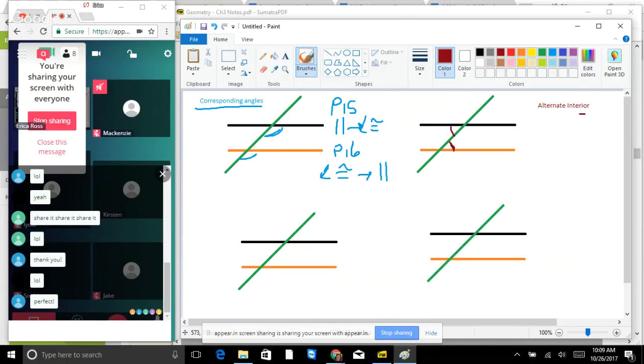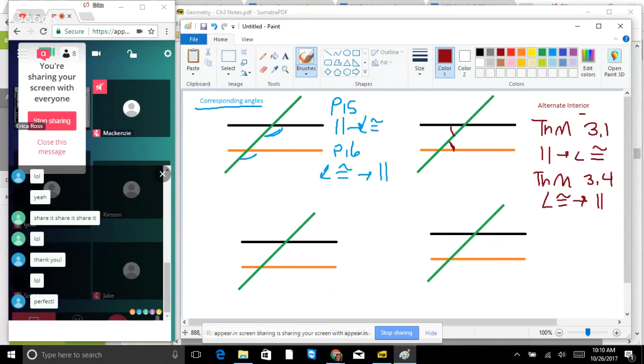Okay. So for alternate interior angles, we have 2 theorems. We have theorem 3.1, and we have theorem 3.4. Okay. So theorem 3.1 says if our lines are parallel, then the angles are congruent. And theorem 3.4 says if the angles are congruent, then our lines are parallel.